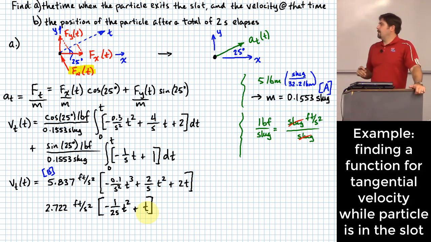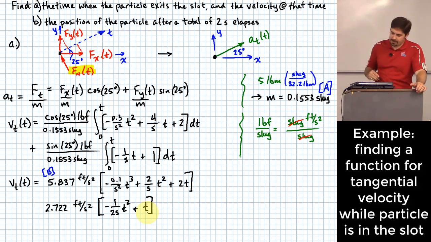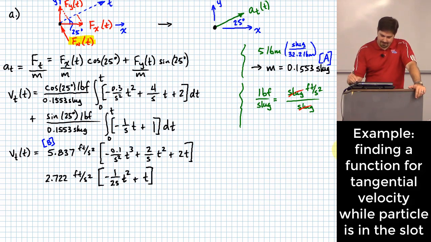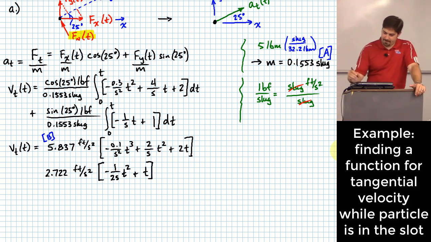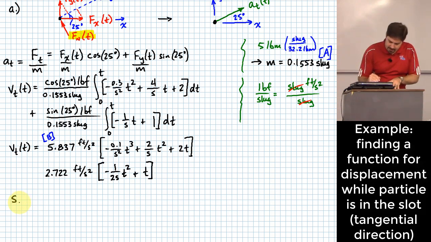All right. So there is my expression for velocity in terms of t. What do you think the next step is? All right. We're trying to get to position, or displacement. This book sometimes uses the letter S to describe displacement, so that's what I will do here. This is displacement along the tangential direction as a function of t.